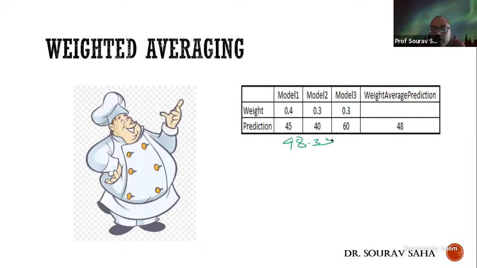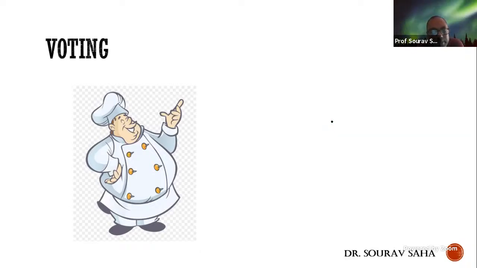So here it is giving you about 48.50 in this case. This is simple averaging, and the weighted average is giving you 48.